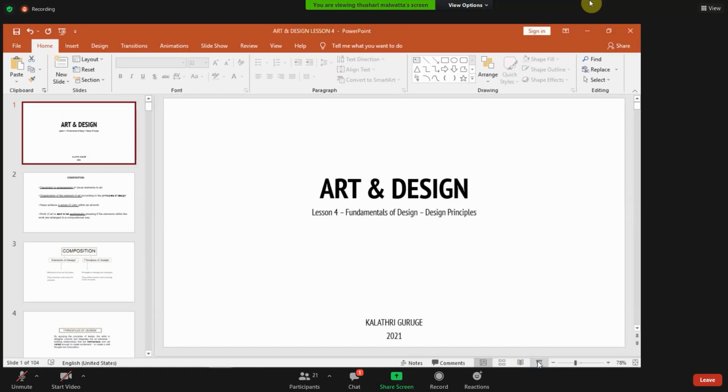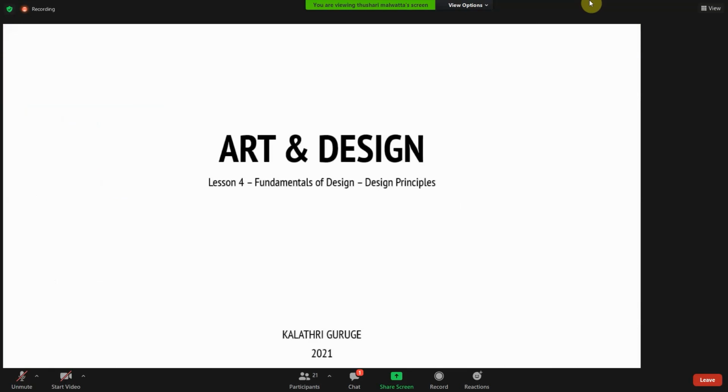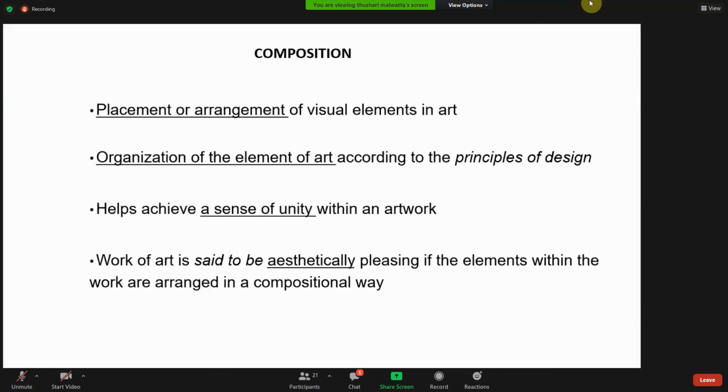So, do you know what is composition? What do you mean by composition? Composition means placement or arrangement of visual elements in art.